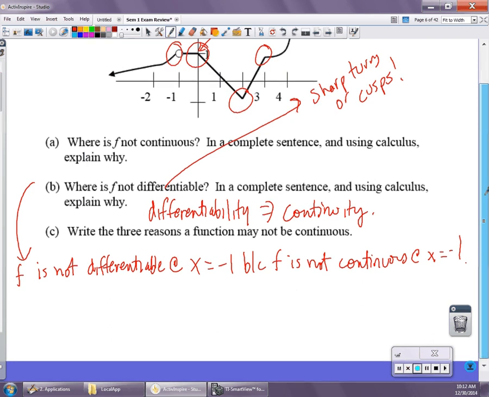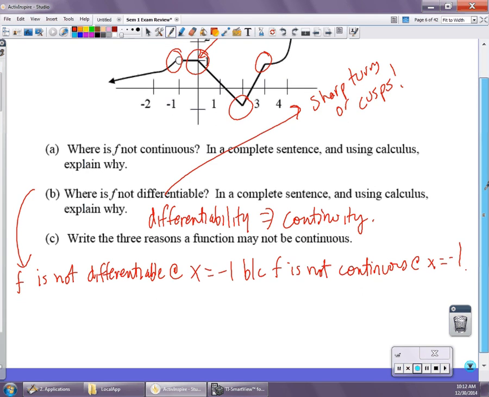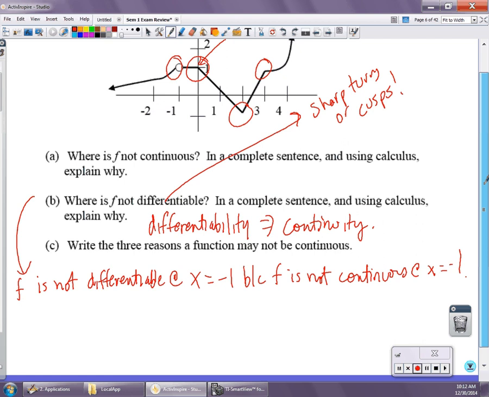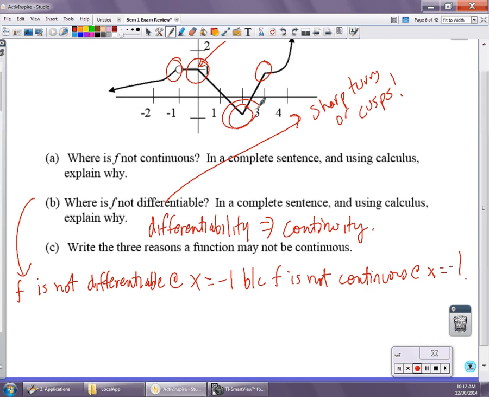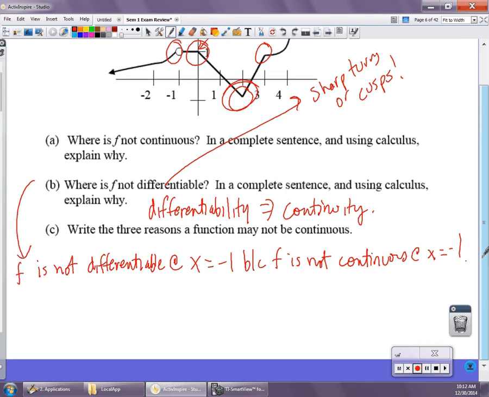Now, let's pick one of the other ones because it's going to be the same reason for any of the three. I'll do x equal to 2, so I'm going to justify why the function is not continuous at x equal to 2. Let me get myself some more paper here.